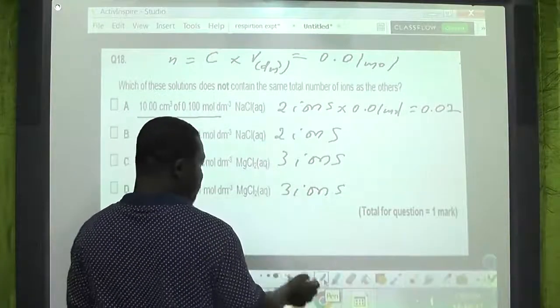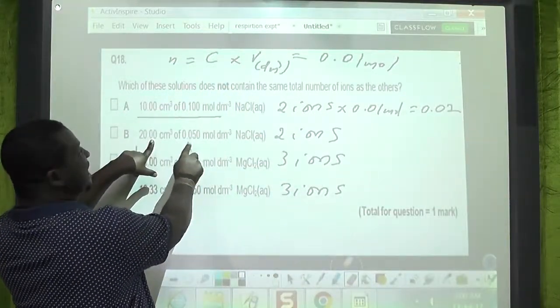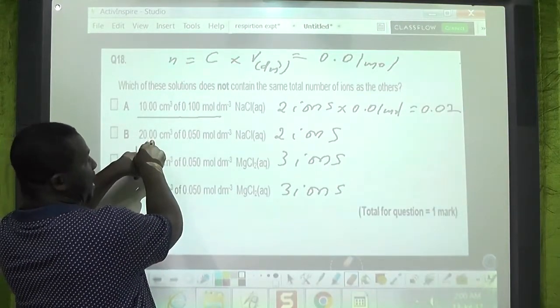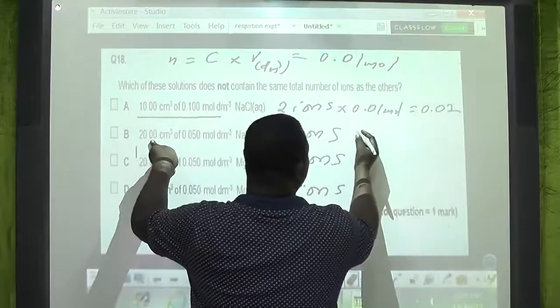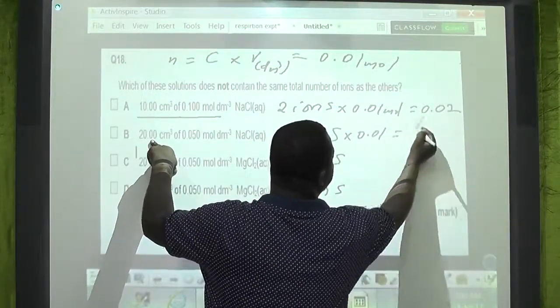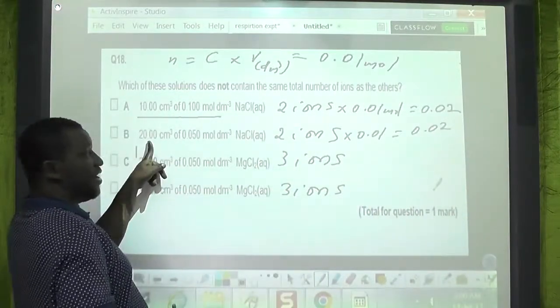If I do the same thing here and I multiply 0.05 by 0.002, I will get 0.01 also, same thing, I will get 0.02 multiplied by the Avogadro's number.